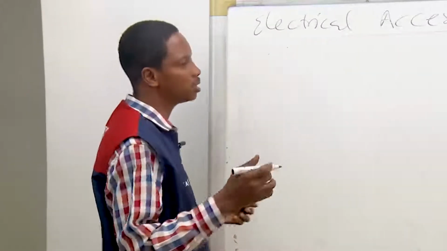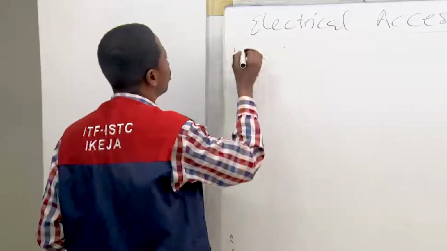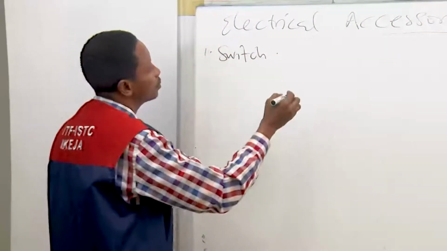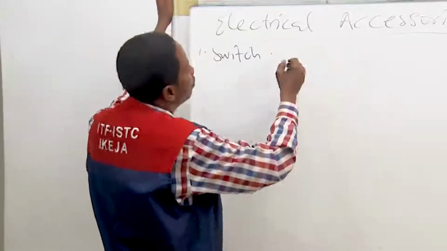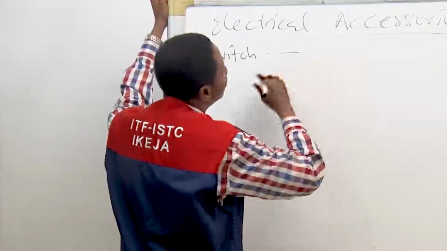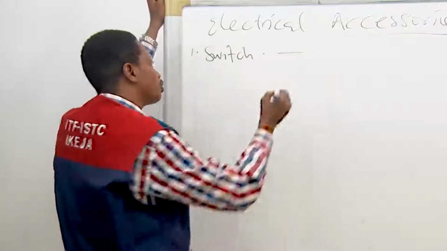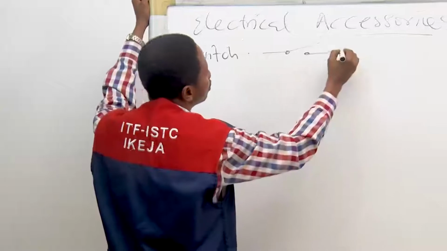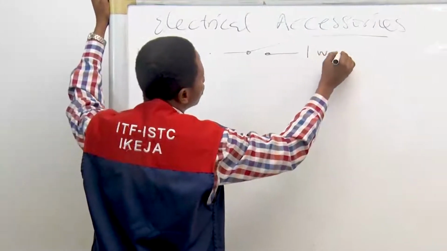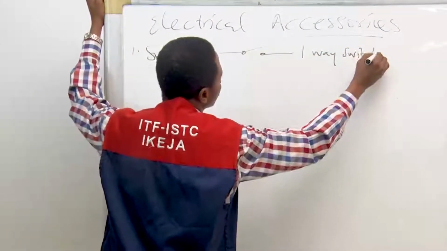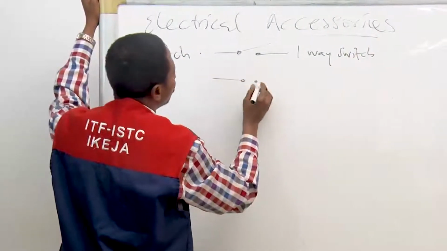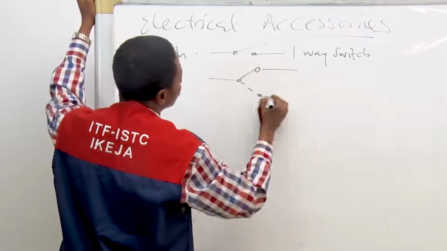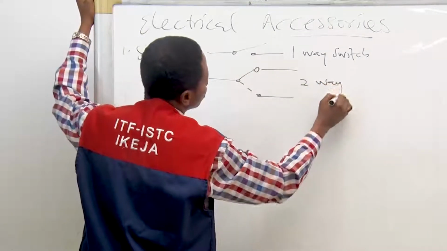Let me start with the very common one. Number one, we talk about switches. The switch, we have different types. Let me just talk about the one-way switch, and the second one is what we call the two-way switch.